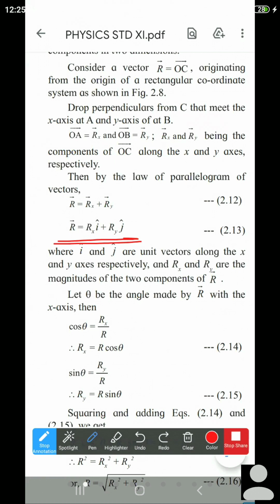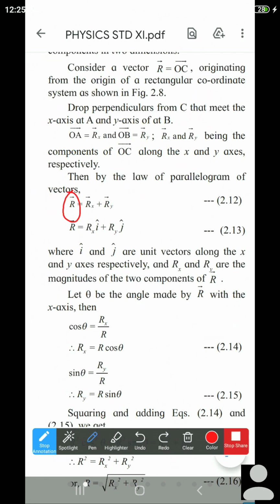You should know how to calculate the resultant vector, magnitude of that resultant vector and direction of that resultant vector. Here R bar is a resultant addition of these two vectors, or we can say R bar is a given vector in a two-dimensional coordinate system.